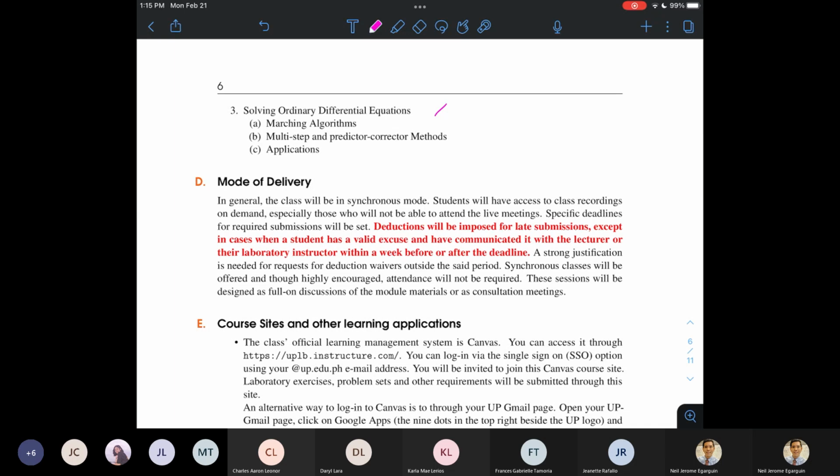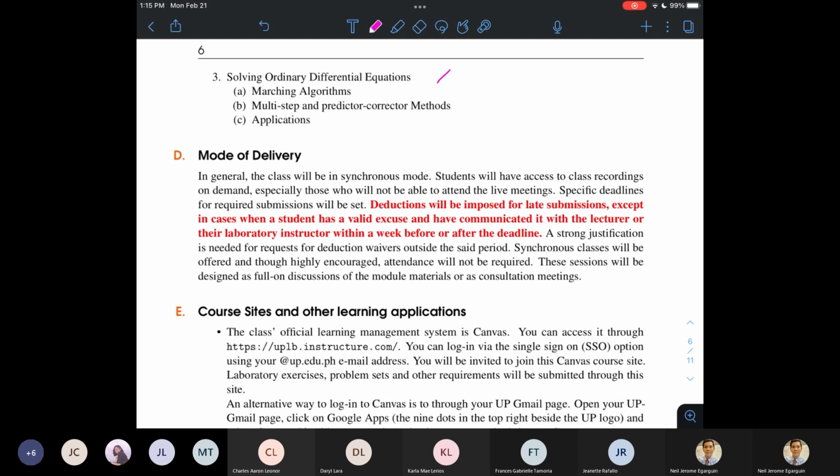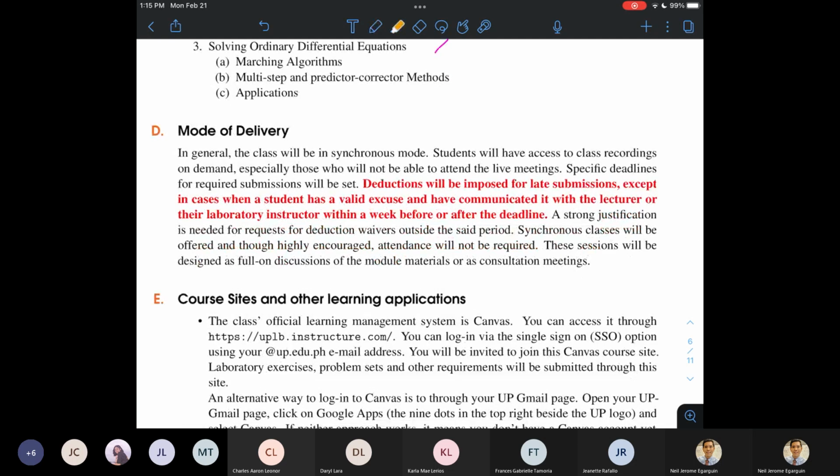Now, mode of delivery. This is no different than Math 174. Though, I would like to emphasize this passage over here. Okay. So ngayon, I'll be a little bit strict about late submissions. So there would be deductions for late submissions. However, kung talagang merong emergency or merong kayong reason why you cannot make it, you cannot submit before the deadline, all right?